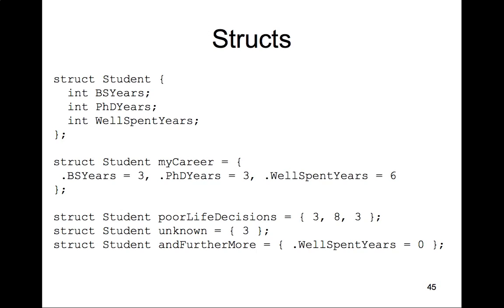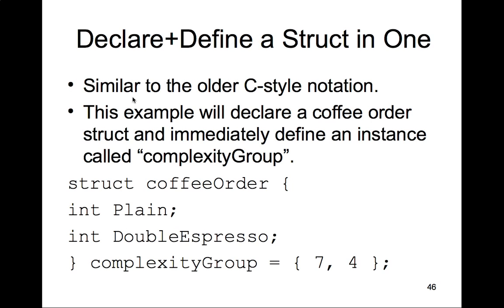Okay, then we have structure student poor life decisions with no names, just the values inserted. Then structure student unknown with just one value set, the rest of them are going to be 0. Or then we have some of them set, some of them not set. So dot well spent years is going to be equal to 0. And furthermore, I don't know who really uses these. I would probably go the traditional route versus the shortcut routes.